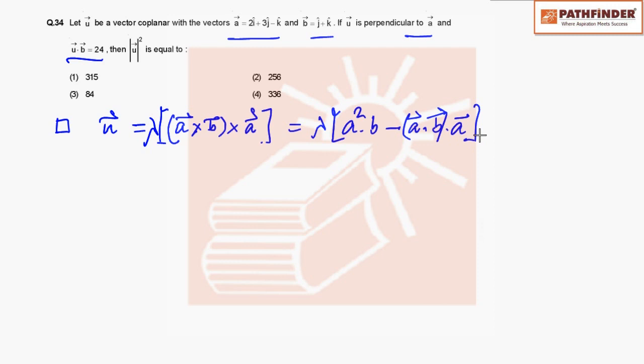Now after doing this particular calculation, we are getting lambda into minus 4i plus 8j plus 16k.